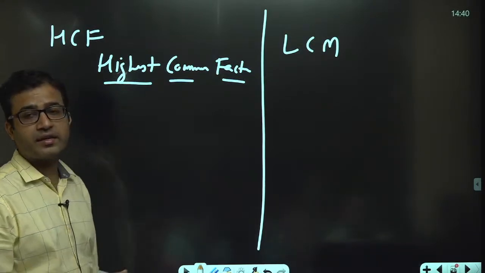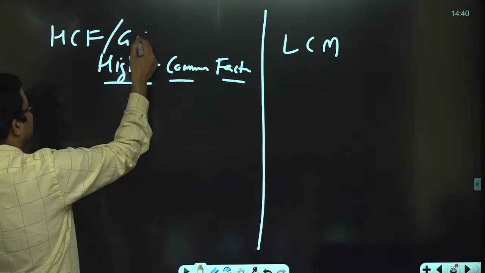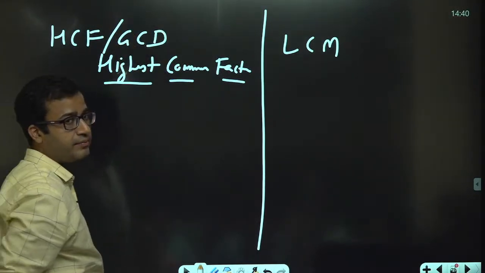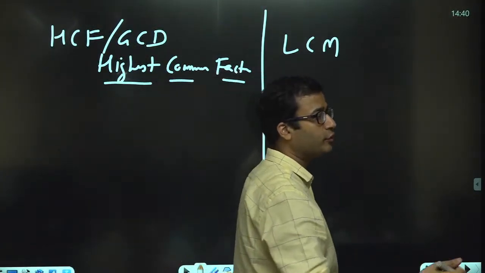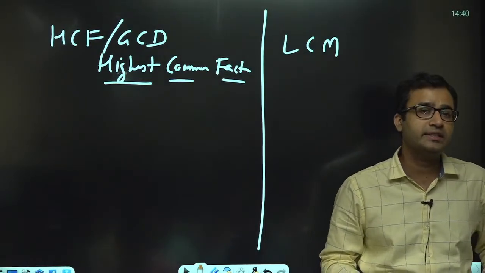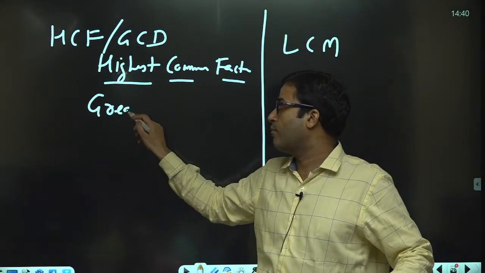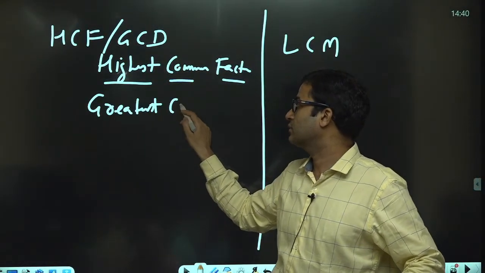What is another name of HCF? GCD. Sometimes the examiner asks to find the GCD of these 2 or 3 numbers. Then students wonder what the hell is this GCD. So here GCD is greatest common divisor.